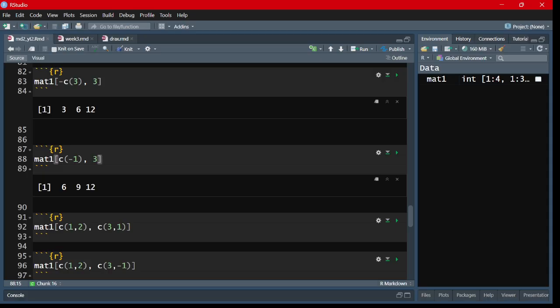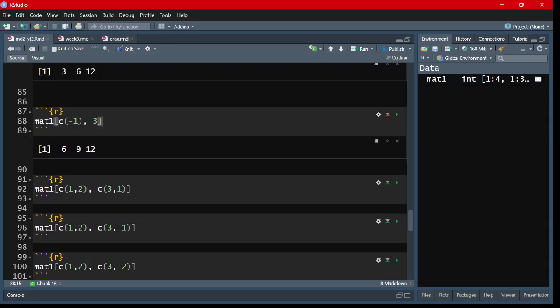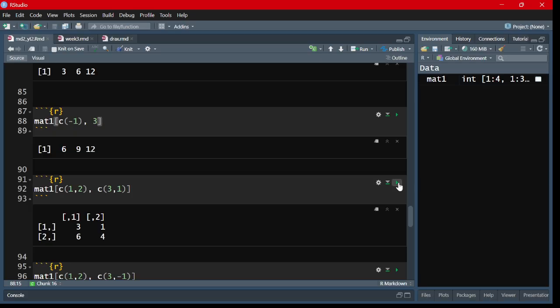That's really amazing to see. Okay, now let's come here and see if I have two vectors. So now we are getting a matrix. Initially we got a vector.